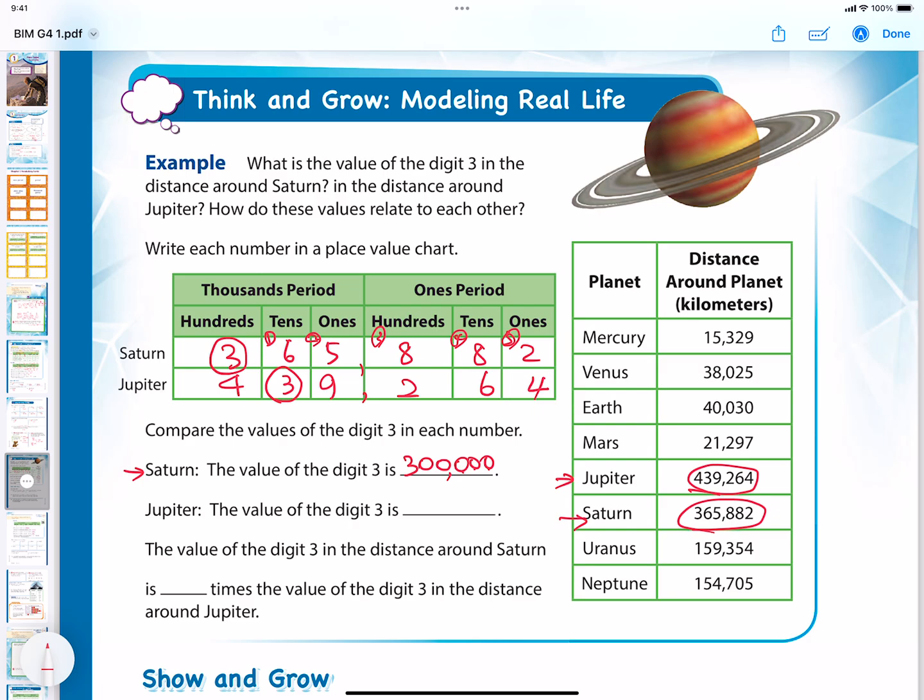Make sense? All right, Jupiter. I'm going to count the digits after this place. 3, 1, 2, 3, and 4. 1, 2, 3, comma. Make sense? 30,000 for Jupiter and 300,000 for Saturn.